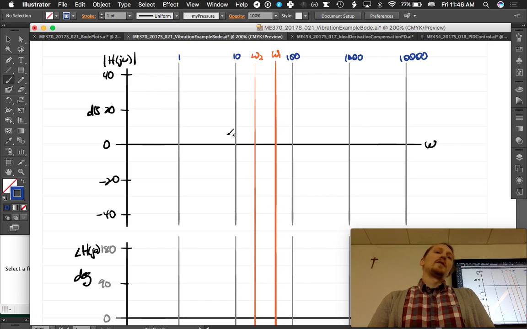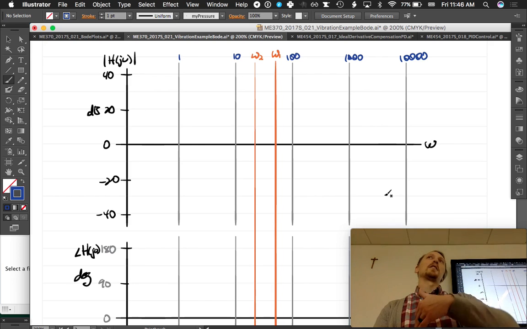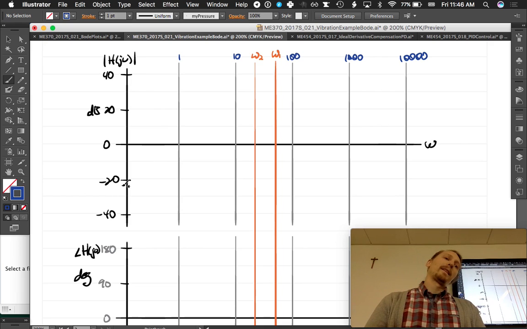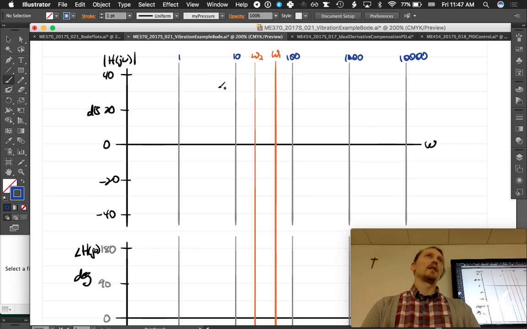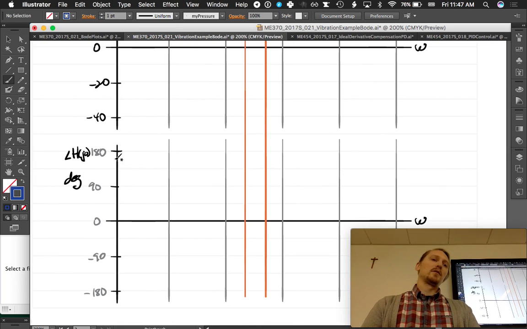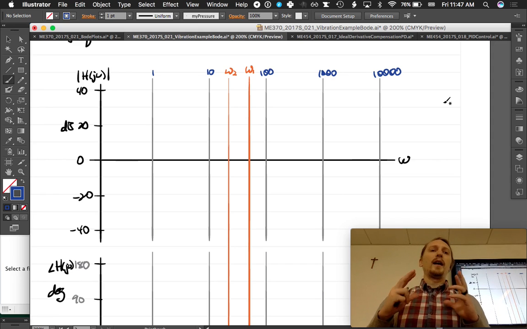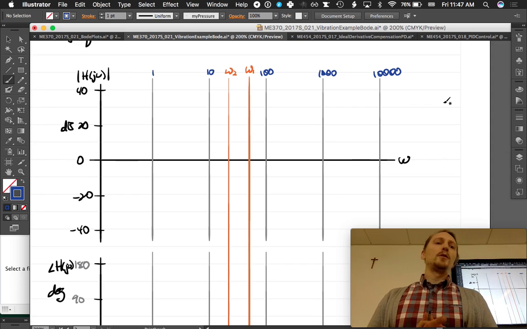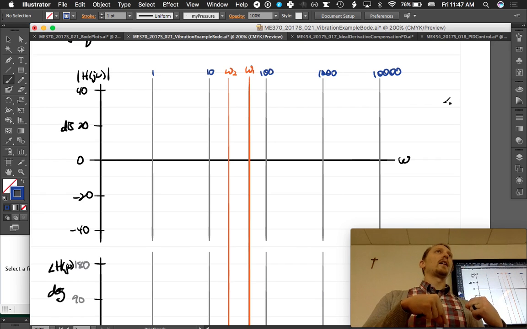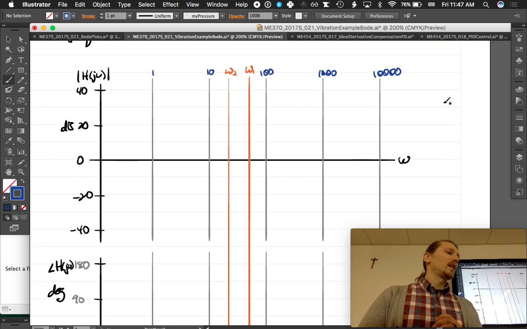We do know it's going to go down eventually, because we got that second order denominator, and we might have some going up because it's got this 0 in it. And we've got the phase going from plus 180 degrees to minus 180 degrees. And then we have decades marked out here: 1, 10, 100, 1,000, 10,000, because it's logarithmic omega. And we just need to sketch each of them separately, and then we'll combine them.